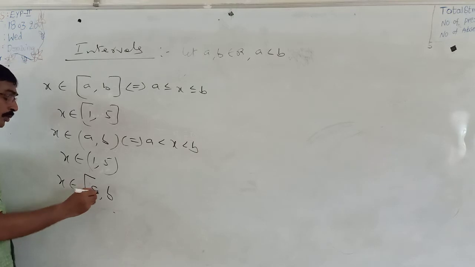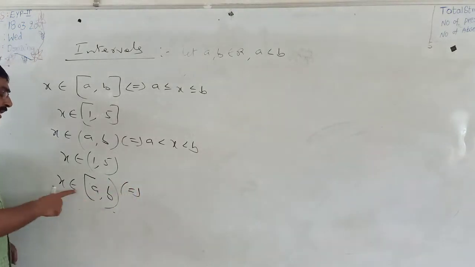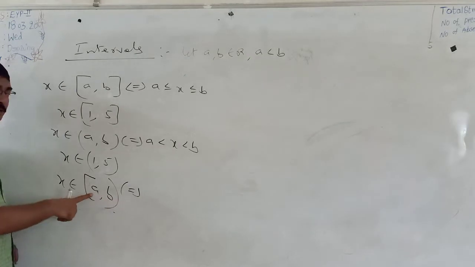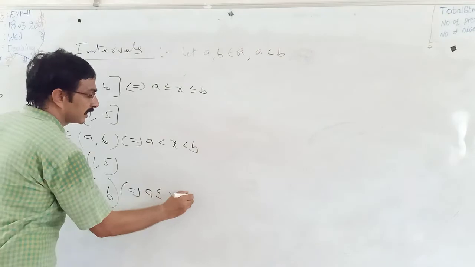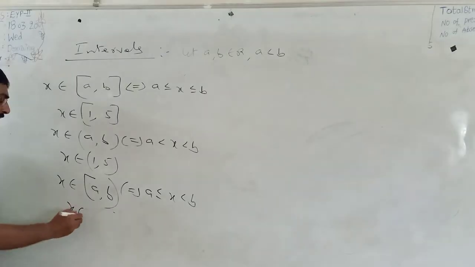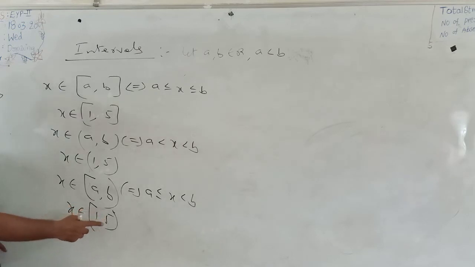Next, the left closed, right open interval of a comma b means x lies between a and b, equal to a but not equal to b. So a is less than or equal to x, which is less than b. So x belongs to the left closed, right open interval of 1 comma 5 means x equals 1, 2, 3, 4 but not equal to 5.